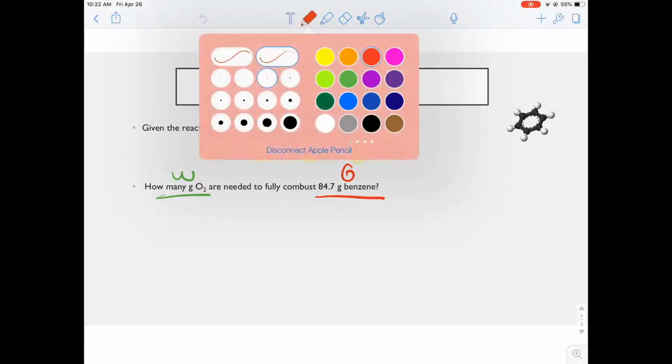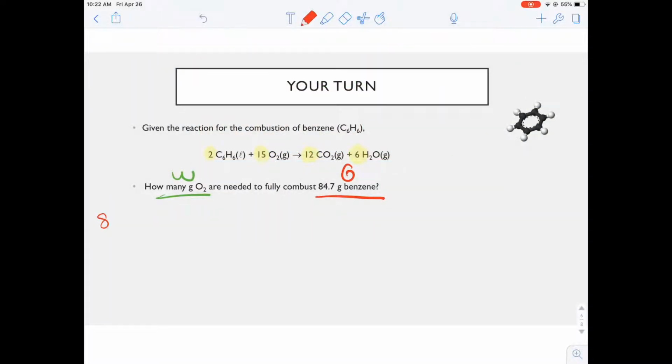So we're always going to start with our given. This is benzene. I'm just going to write C6H6 because it's shorter. Okay. Over 1. Now I'm going to use my molar mass. So grams C6H6 needs to go on the bottom, so those cancel.